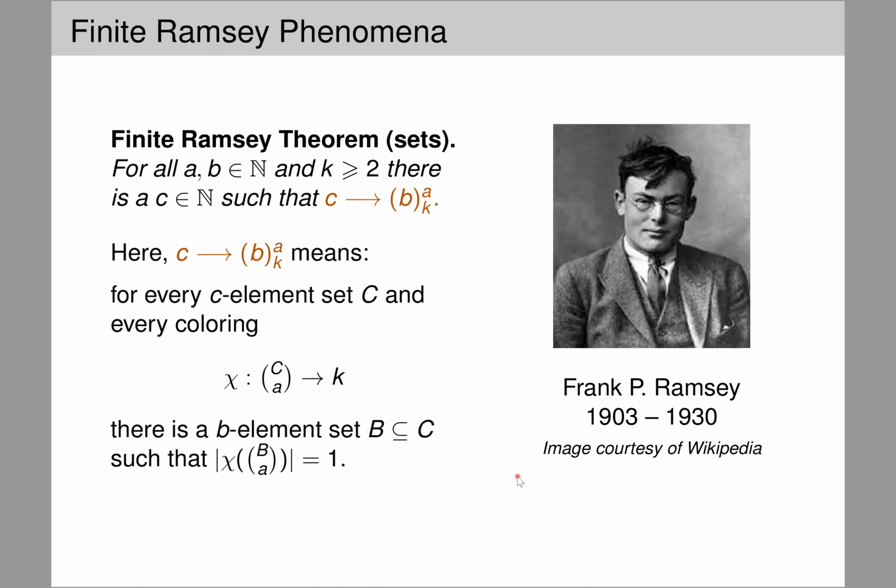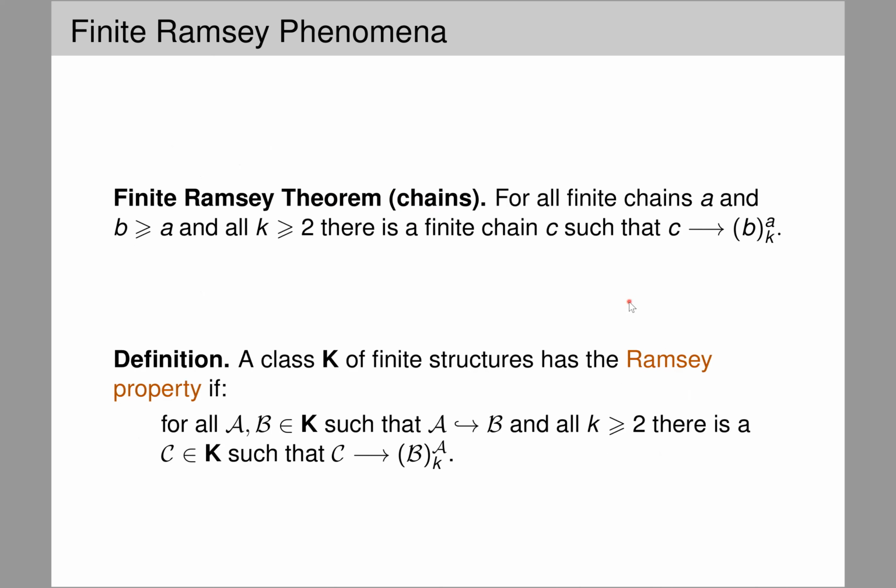This is a well-known, famous result, and this is one of the standard renderings of this result. However, there is another interpretation of this result, and this is the same result in a different language. Now, there is an equivalence between k element subsets of an n element set and embeddings of a k element chain into an n element chain.